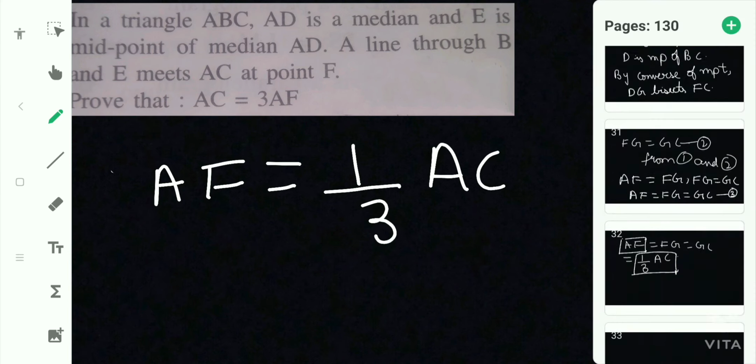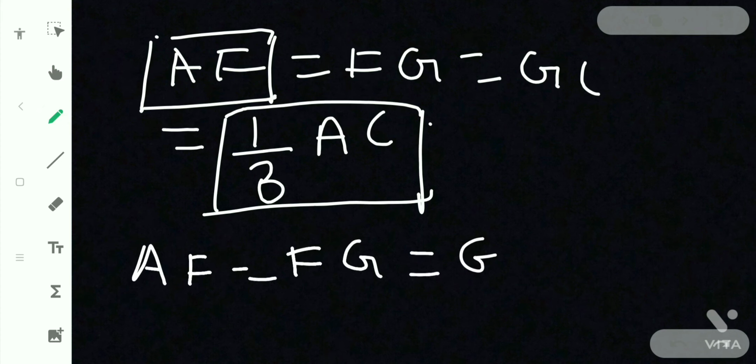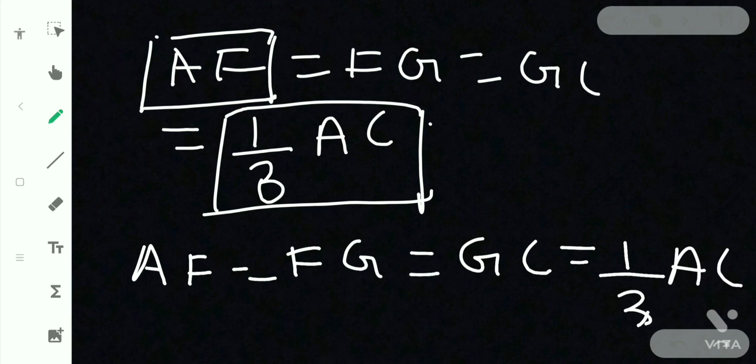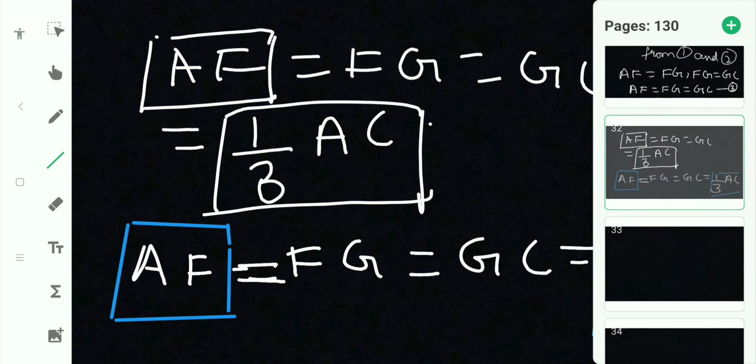I can take like that because they all are equal. This equation is nothing but AF is equal to FG is equal to GC is equal to one third of AC. So this is what the actual thing is. This is the whole equation. As we are having equals to, I took this part and one third of AC, this part outside.